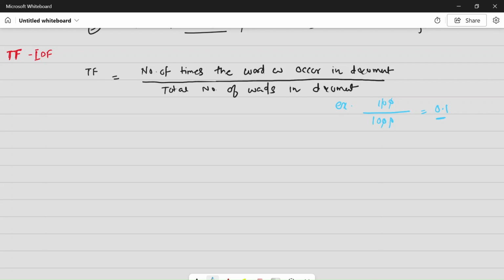Similarly, we can calculate the IDF. So how can we calculate the IDF?